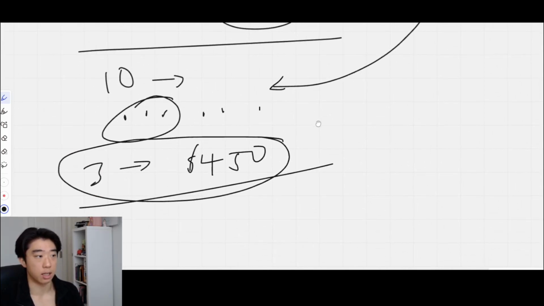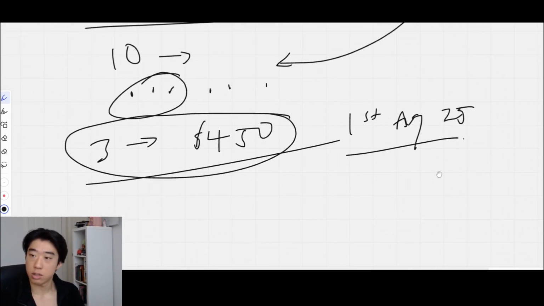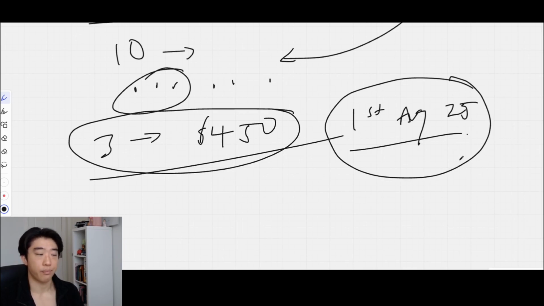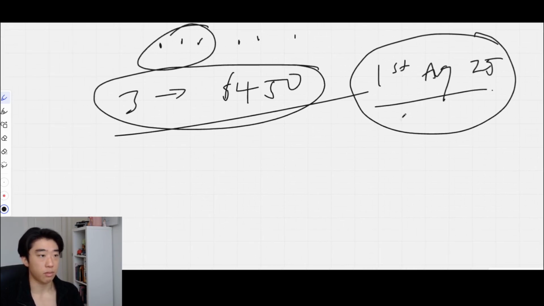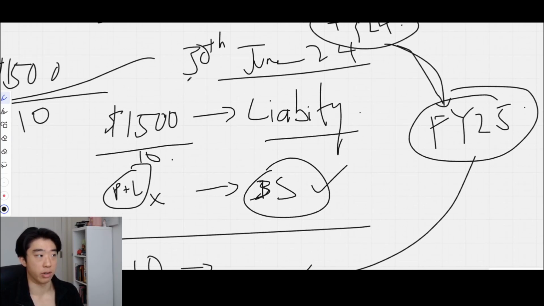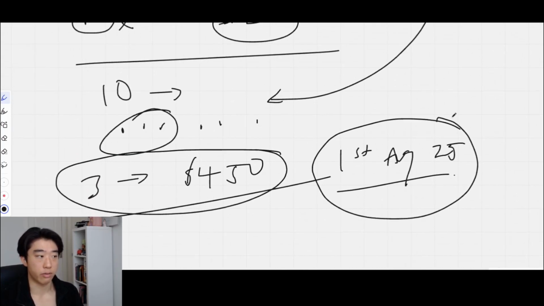And they use it on 1st August 25, right? So that's when you record the income in financial year 25. So even though you got the money here in 24, you're only recording the income when they're being used.